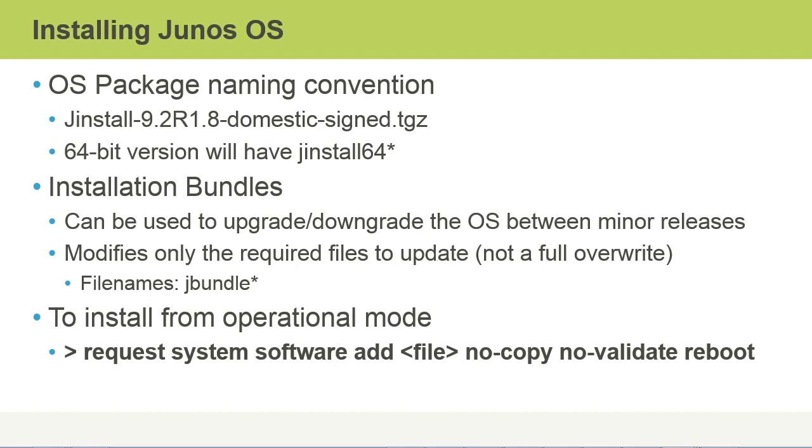That may not be something that you want to throw in as a parameter, because you may want to verify that the software you're installing is compatible with your existing configuration. So there is the exact opposite of no-validate, and that's the validate option. We also have the reboot parameter, which tells it to reboot the system after the installation is complete.